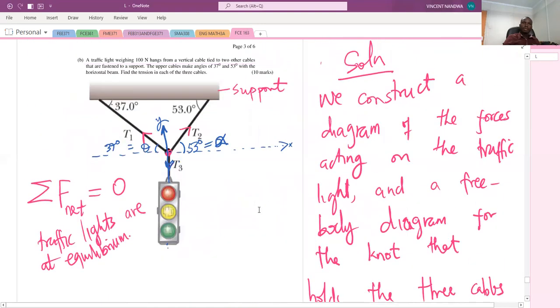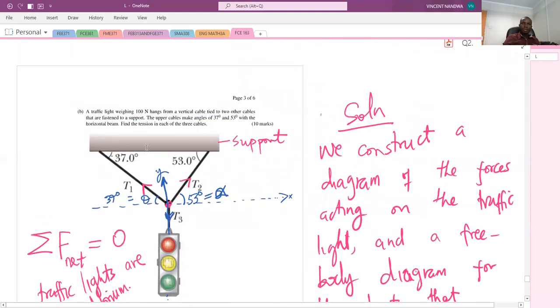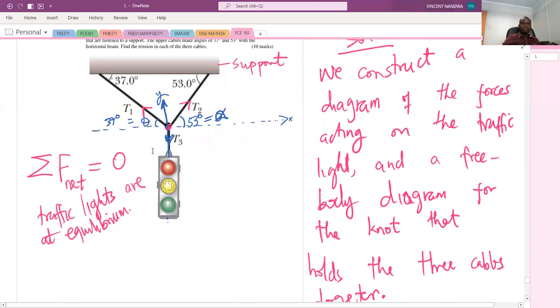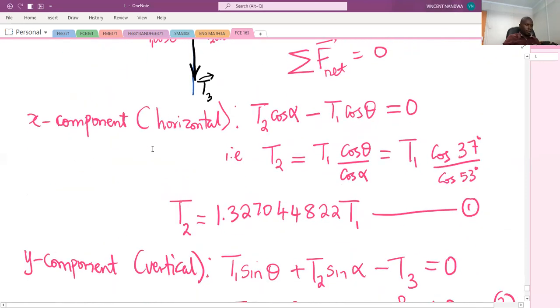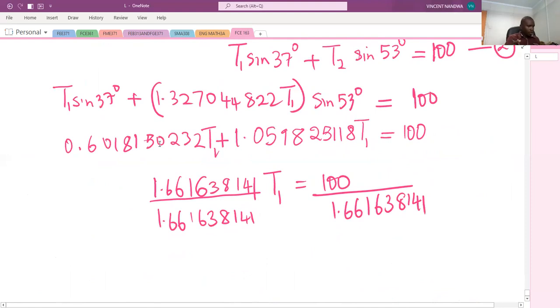Just a minute. Yeah. So T1 to be 60.1815747 newtons.